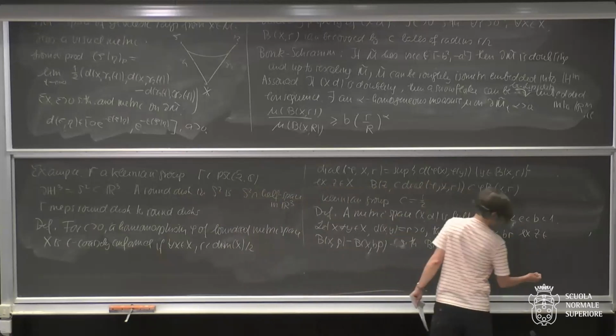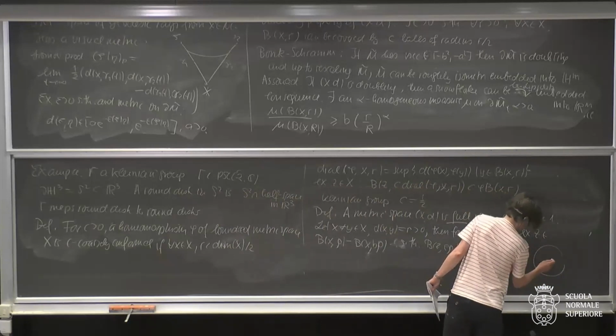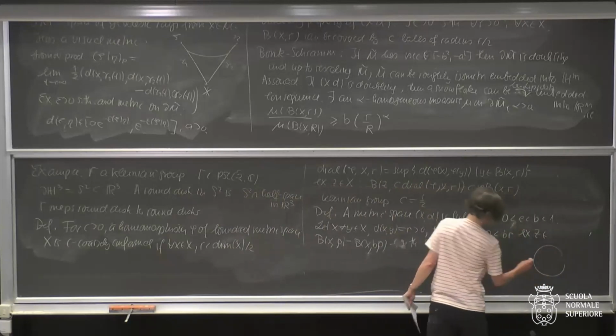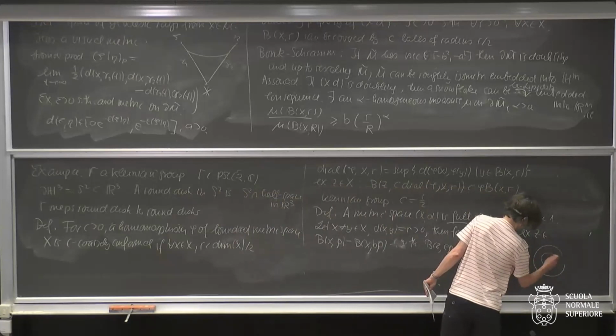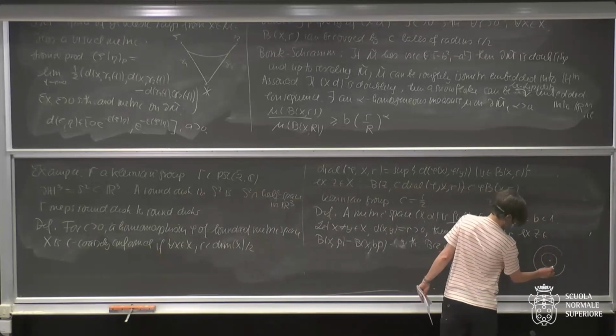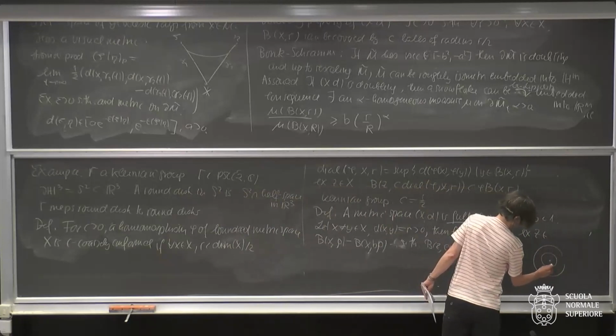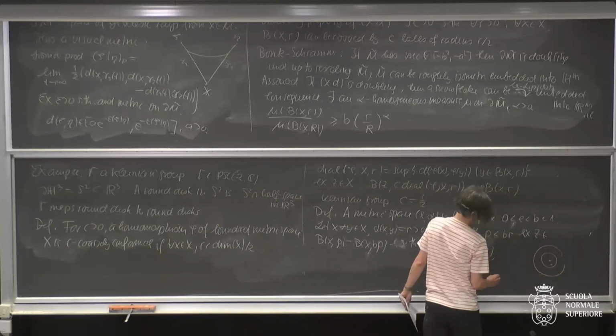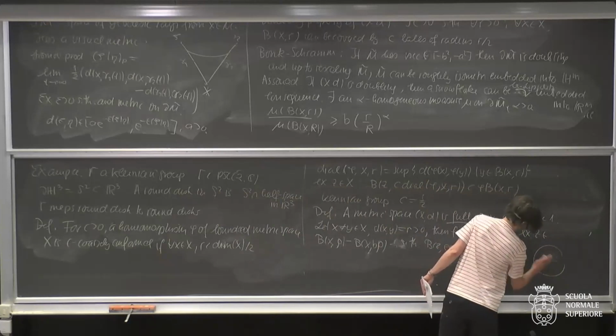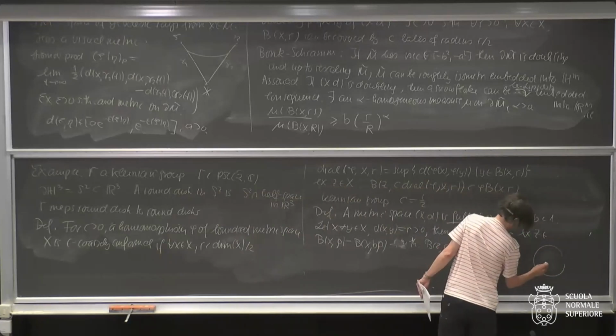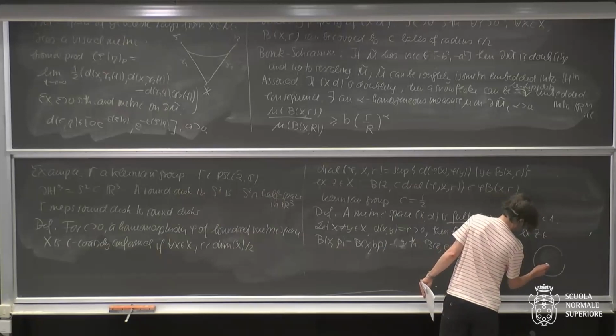So in other words, here's my big ball, right? Then I have a smaller ball. Here's my point X, right? And now what could happen? So now I want to find a point which sits in the shell of this thing. But I want a ball of controlled radius outside of the shell. Sorry, I should have said something more like this.